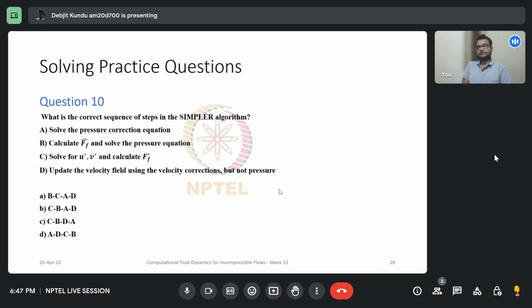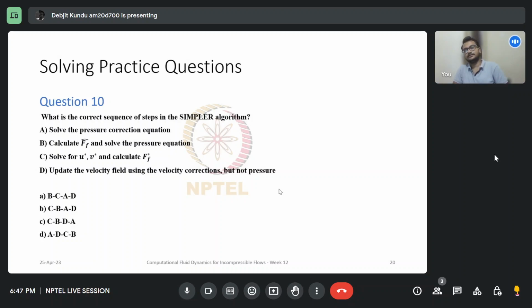So there are 4 steps given in this question. Step A says solve the pressure correction equation. Step B is saying calculate the u hat, v hat and solve the pressure equation. Option C is saying solve for U star V star and then calculate based on that.